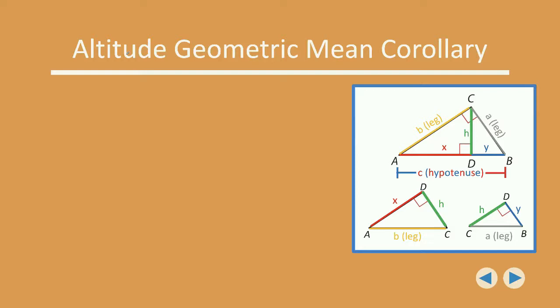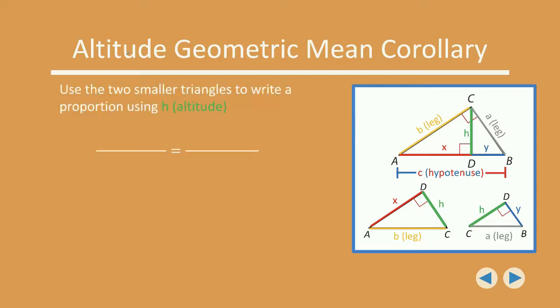So we want to use the altitude to come up with a proportion. And so you see here we're going to use the two smaller triangles to write a proportion using H, which is the altitude. All right, so we'll start with this triangle here, and I'm going to be choosy about this.